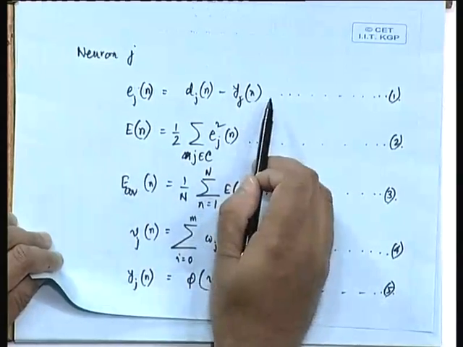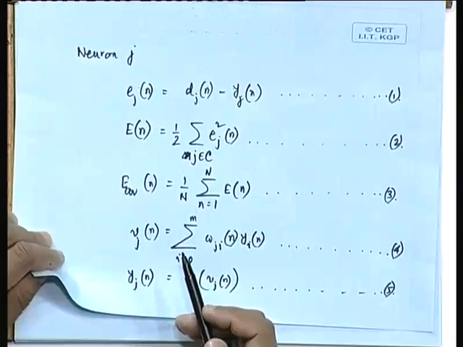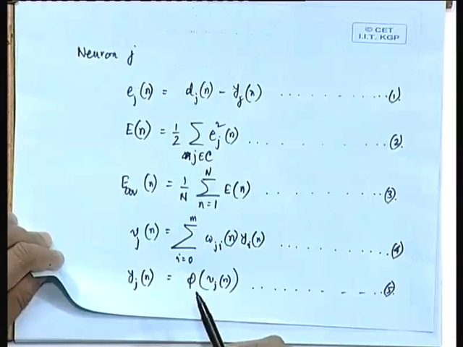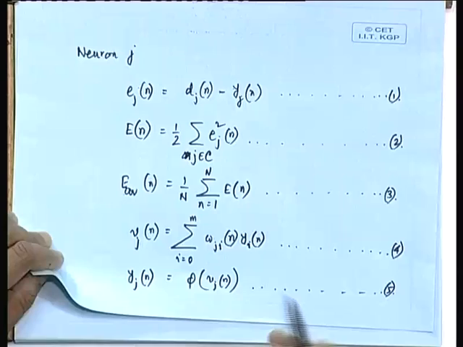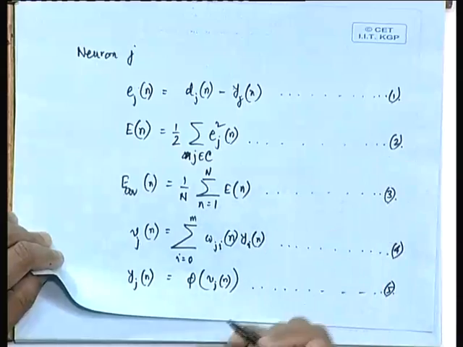In fact, it is going to be minus 1 simply. In that case, we have to follow it up with ∂Yj with respect to Vj, where we will get the term phi dash Vj(n), where phi dash is the derivative of phi(Vj(n)) with respect to Vj(n). And then again we have to take the last term as ∂Vj(n) with respect to ∂Wji(n). So, that will complete my chain rule of differentiation.